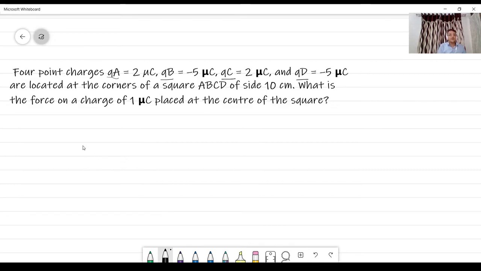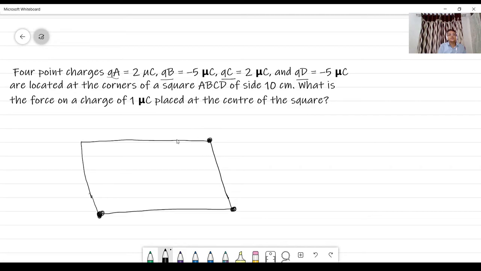So what we can do here is imagine one square like this, and then I'll consider there are 4 point charges on each corner like this.